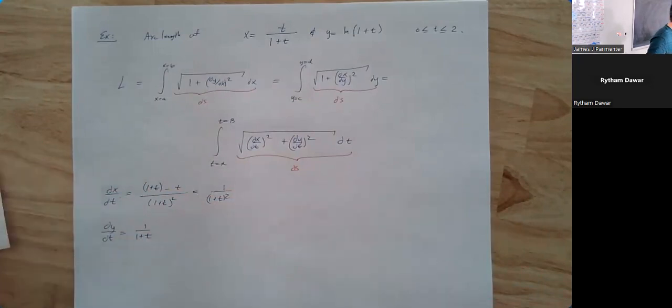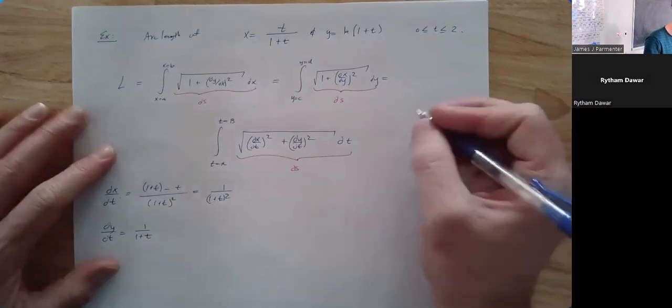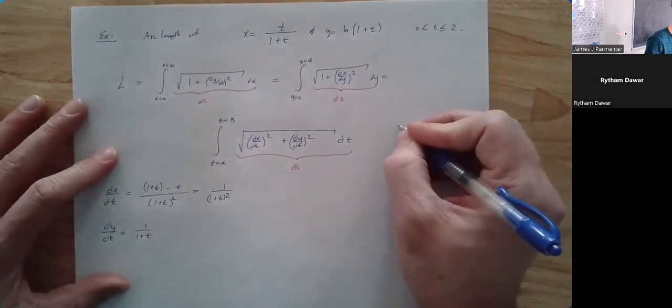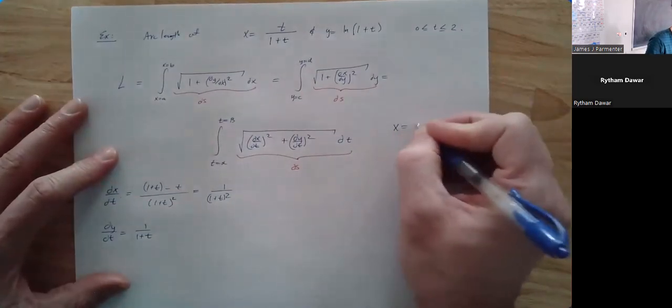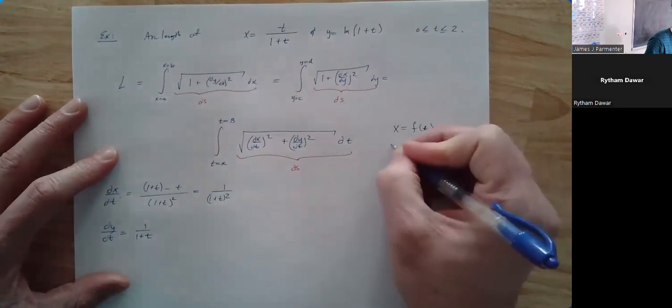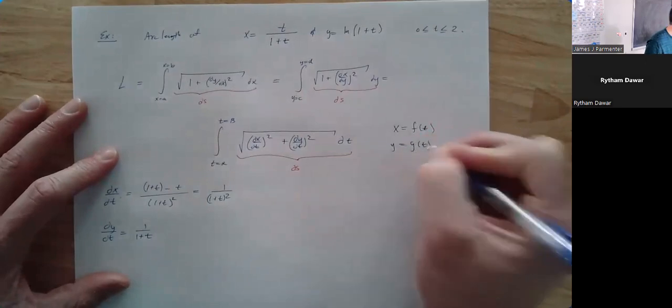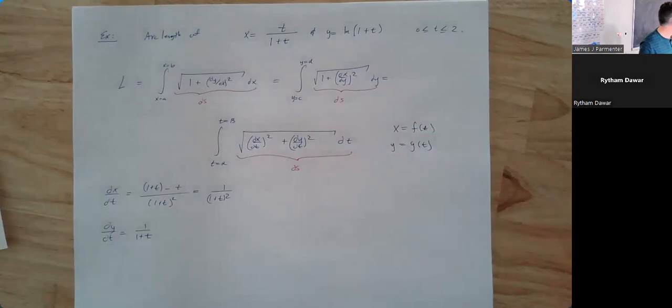I have a question. Yes. In my notes it's the same thing, but instead of dx dt, it's f prime of t, and then g prime of t for dy dt. Sure, because they're probably saying that your parameterization is x equal to f of t and y equal to g of t. Yeah, totally the same. Like how f prime of c is equal to g prime of c, which is equal to 0, then f prime of t cannot be equal to 0 when t is not equal to c.